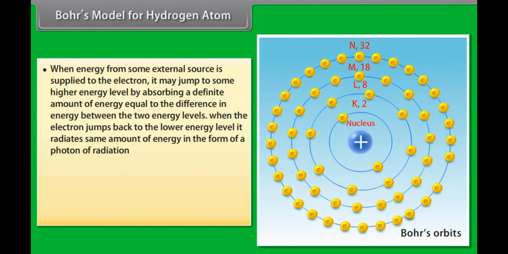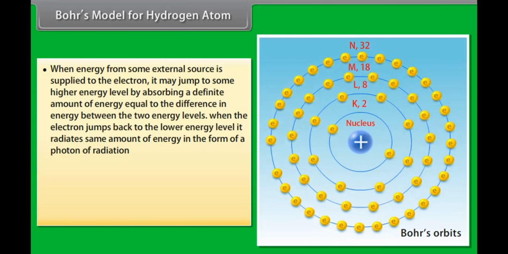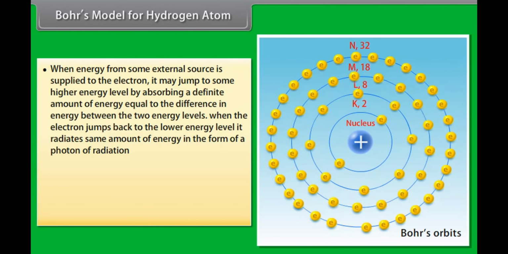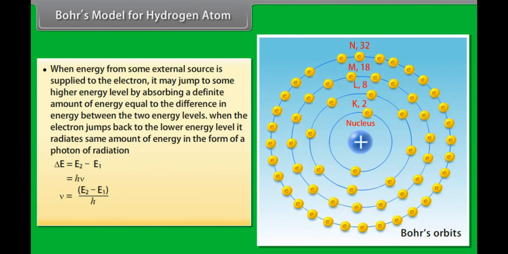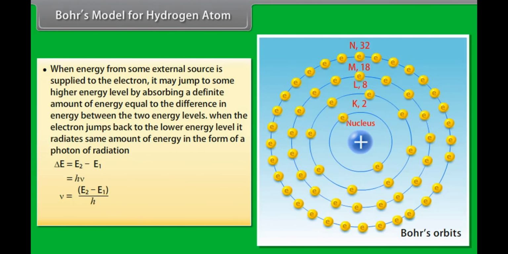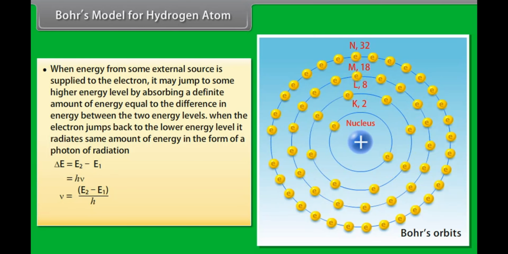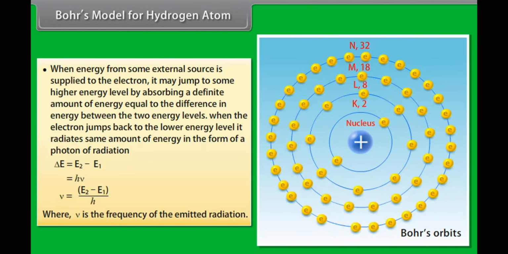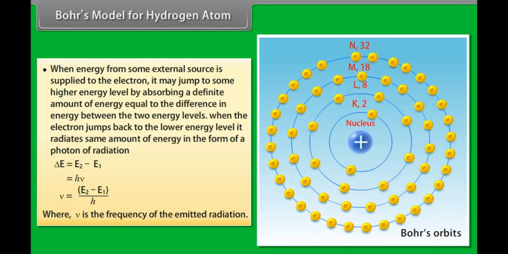When the electron jumps back to the lower energy level, it radiates the same amount of energy in the form of a photon of radiation. ΔE = E2 − E1 = hν, so ν = (E2 − E1)/h, where ν is the frequency of the emitted radiation.